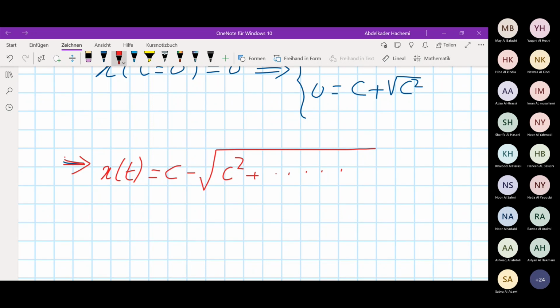Now, this is the expression of x of t. But the second question asks for x dot as a function of x.